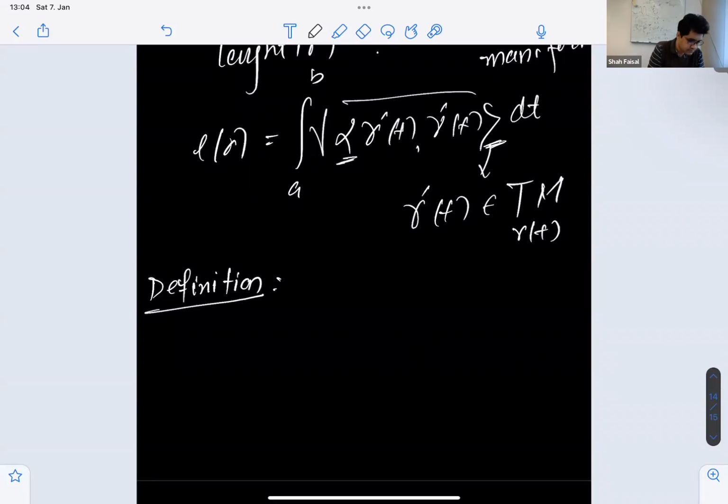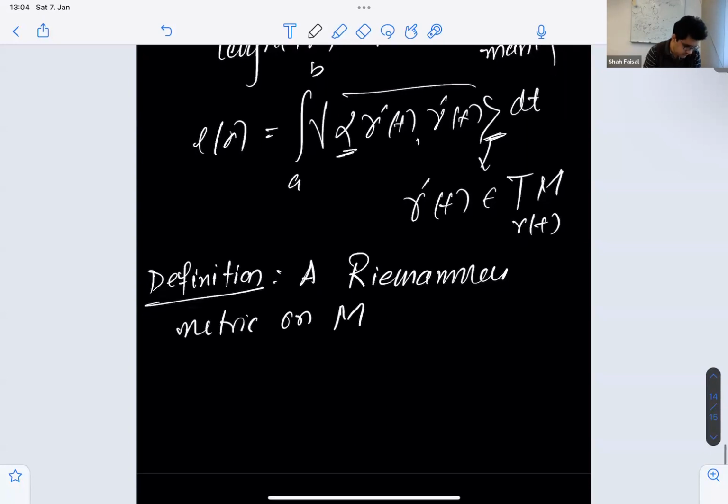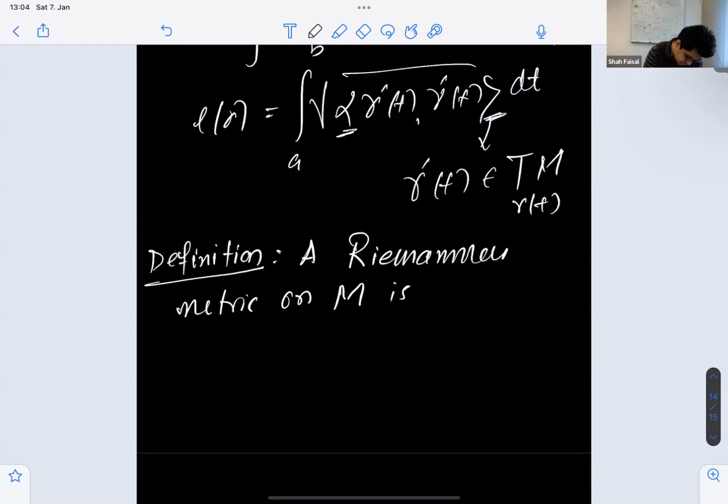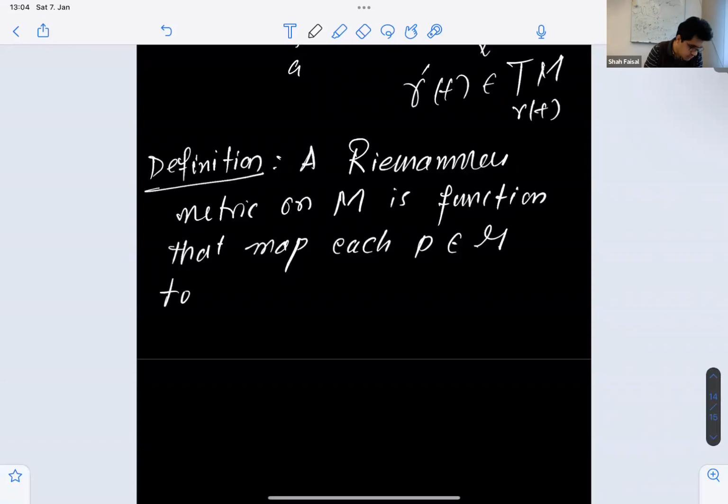This is not a precise way of defining a Riemannian metric, but it gives you more or less the idea. So a Riemannian metric on M, where M is a smooth manifold, is a function that maps each point in M to an inner product.